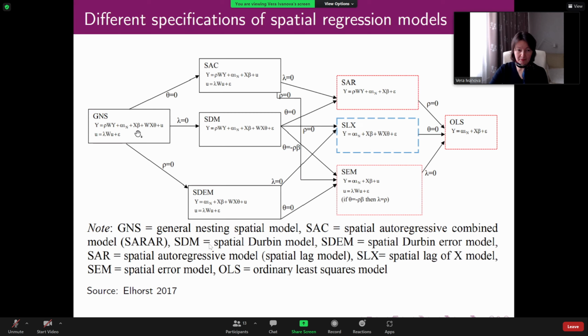Also, we have beta. So this is a general nesting spatial model. That is a spatial model nesting all the combinations for linear spatial models.